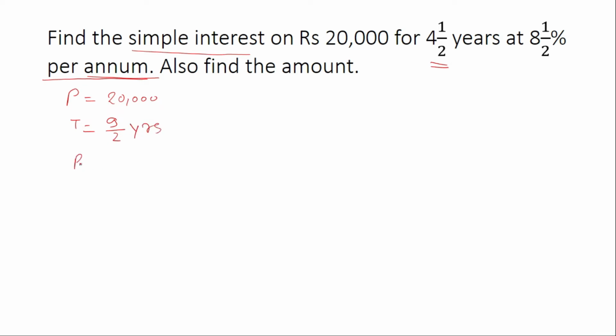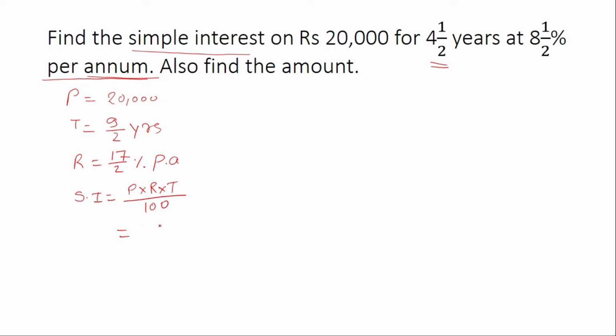And rate is given 8 whole 1/2%, that means 17/2% per annum. What you have to find out? Simple interest. So you know the formula for simple interest is P into R into T by 100.